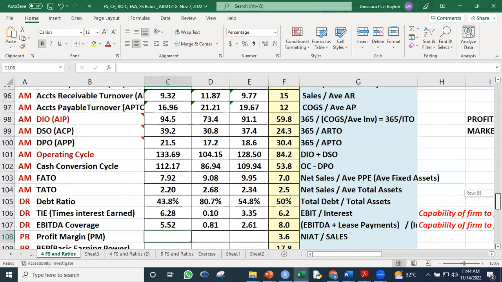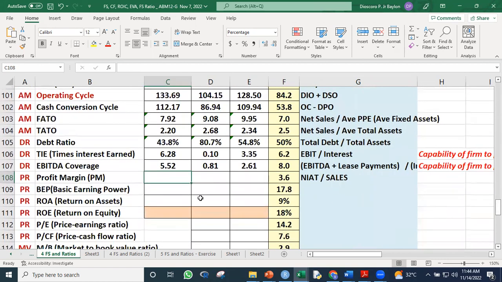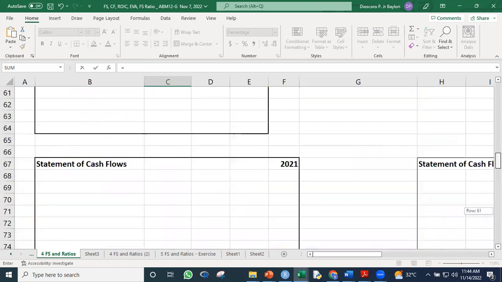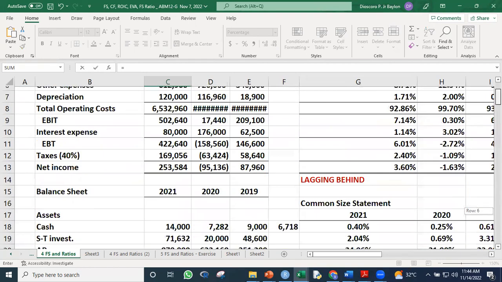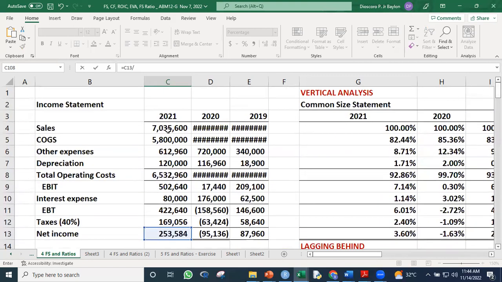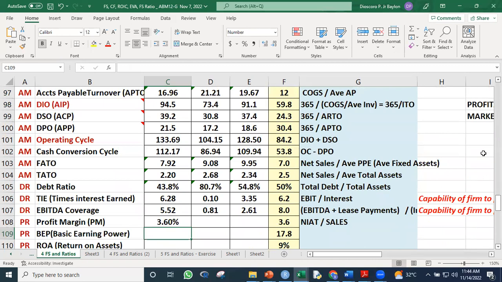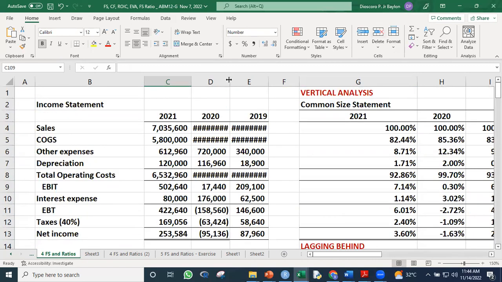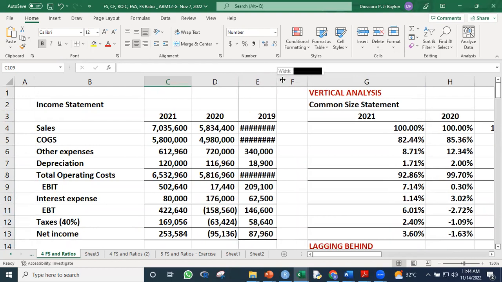No? Okay, so net income after tax, let's get from our income statement the net income after tax divided by sales.